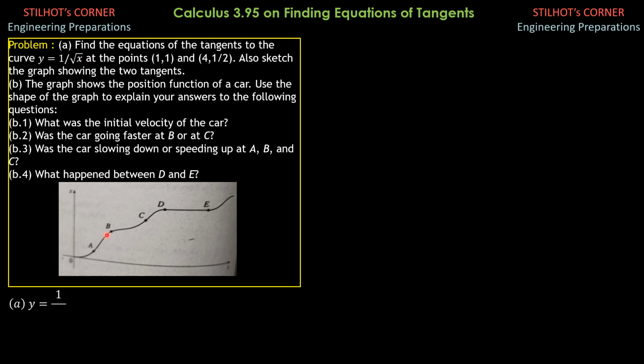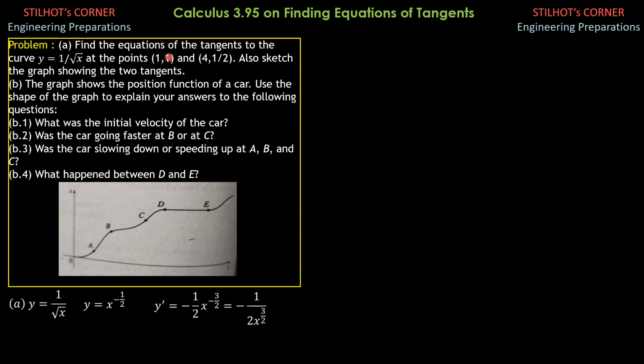So y is 1 over square root of x, or y equals x to the negative 1/2. Therefore, y prime is negative 1/2 x to the negative 3/2 times 1, or simply negative 1 over 2x to the positive 3/2. So that's the formula for the slope.